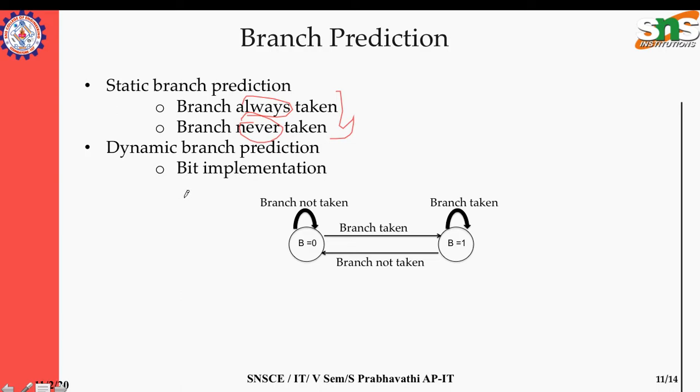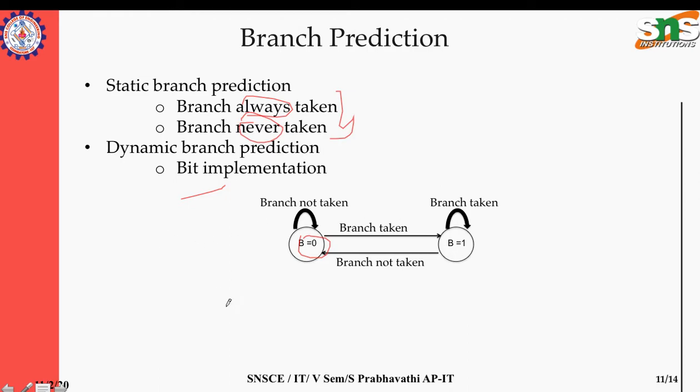One way of implementing dynamic branch prediction is the one-bit implementation. Using one bit we change our predictions. See here, we represent it by means of a variable b, so b is equal to 0 or b is equal to 1. This bit takes only one value, either 0 or 1. Zero means we assume the branch will not take place, and 1 means we assume the branch will take place.